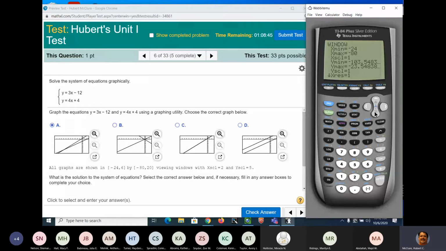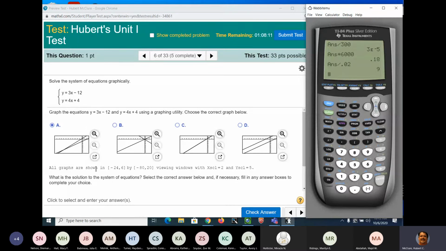Now, y min is -80 and y max is 20. Well, that's what they wanted. Oh, scale is 2 and 5. Okay, I don't know what they want.